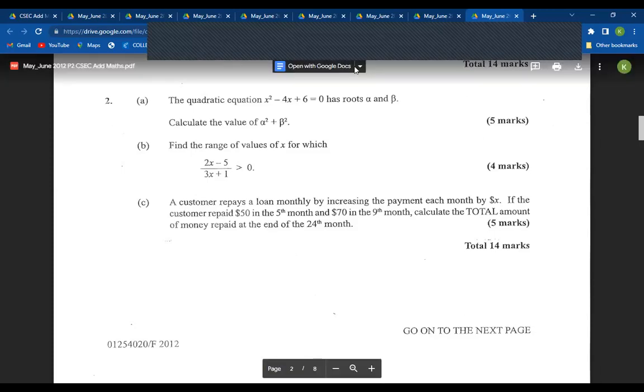So read your question and underline the key information. A customer repays a loan monthly by increasing the payment each month by X dollars.